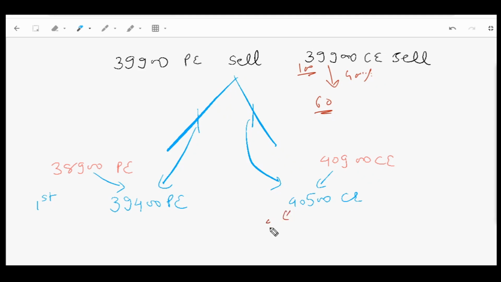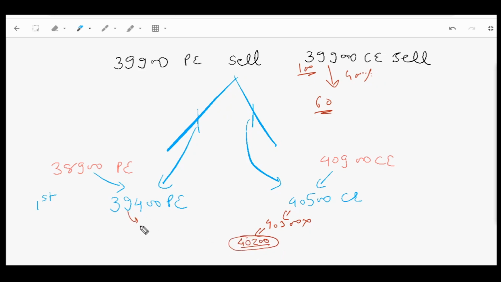As we have already brought our call side strike 200 points inside, we will again exit that second adjustment one, and we will bring the strike 100 points inside. So this is our final strike of call, which is 40,200, right?